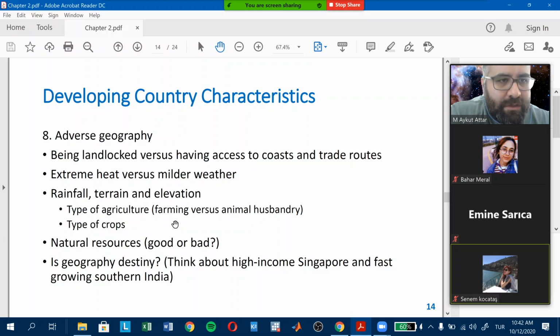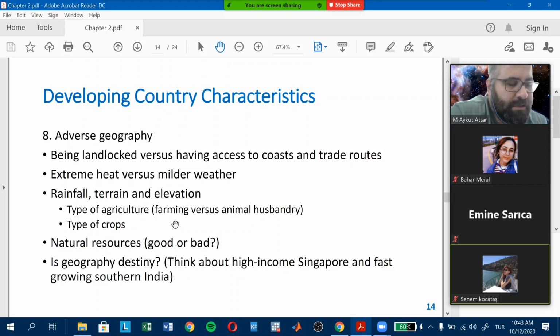One other thing that we discussed was adverse geography. So here, being landlocked matters a lot, actually, because then you do not have access to coasts and trade routes, and you face transportation problems, especially for international trade. Then there's extreme heat versus milder weathers.